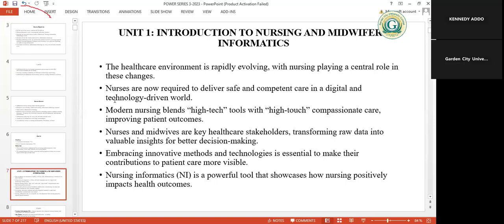But all those earlier contributions that they made were devoid of applications of technology in healthcare delivery generally. So there was a missing link. That was why, at first, nursing and midwifery were considered as an art. But with the advent of technology, it has made it more of a science. So these are the dynamics shaping healthcare delivery.